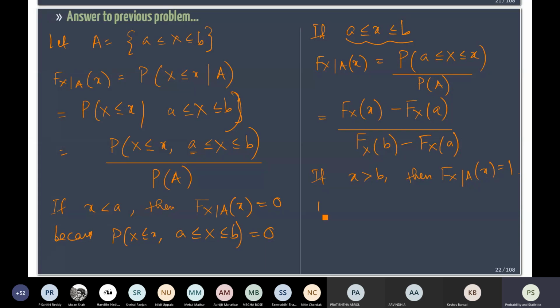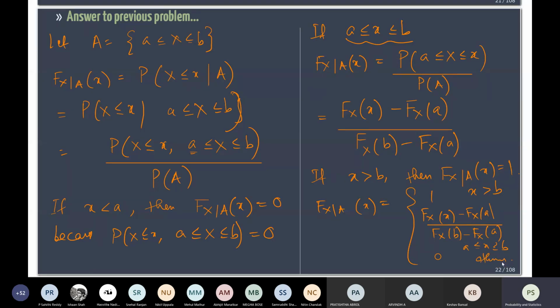So to summarize, we have F_{X|A}(x), and this is 1 if x > b, and this is (F_X(x) minus F_X(a)) divided by (F_X(b) minus F_X(a)) for a ≤ x ≤ b, and it is 0 otherwise.